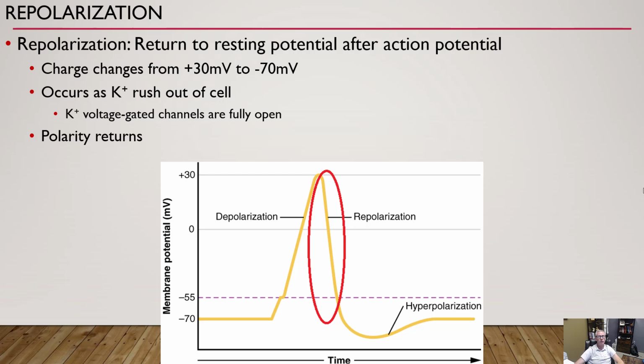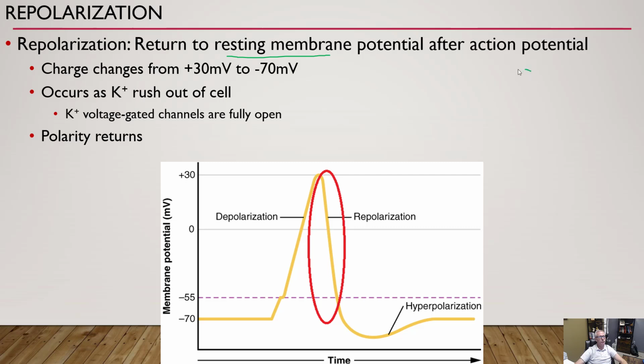All right, so now we're looking at the downslope. This is called repolarization. Eventually, we're going to try and return to our resting membrane potential.